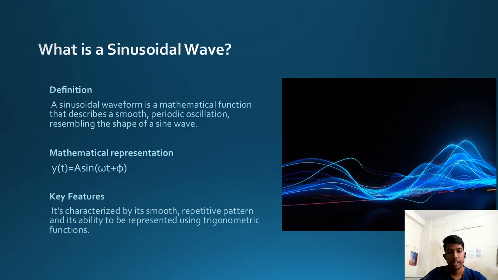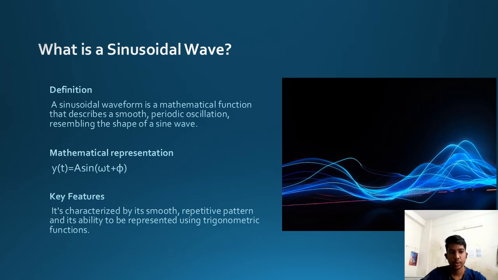Now, coming to the introduction of the sinusoidal wave. A sinusoidal wave is a mathematical curve that describes a smooth, repetitive oscillation. It is a fundamental waveform in mathematics and physics.